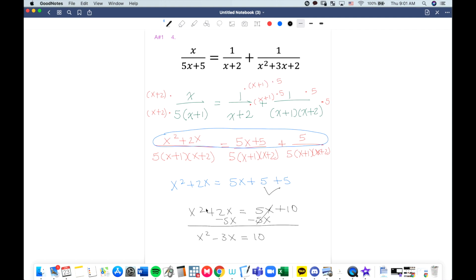What I'm going to do is actually set this equation equal to 0. By setting this equal to 0, what happens is I've created a quadratic expression here. So what does that mean? Well, x squared minus 3x minus 10 can be factored out to x minus 5 times x plus 2.